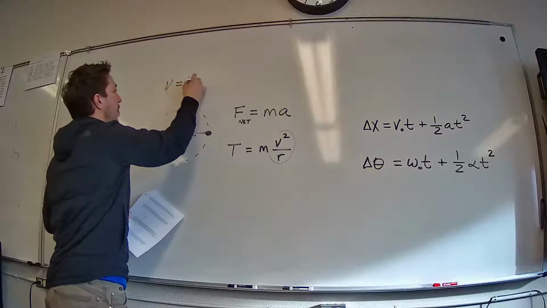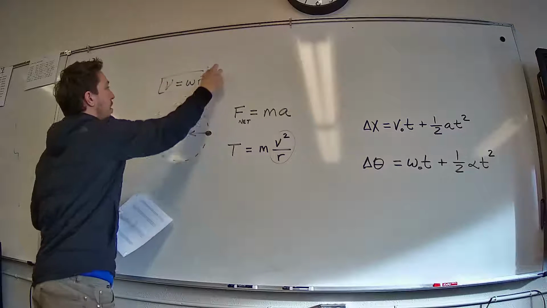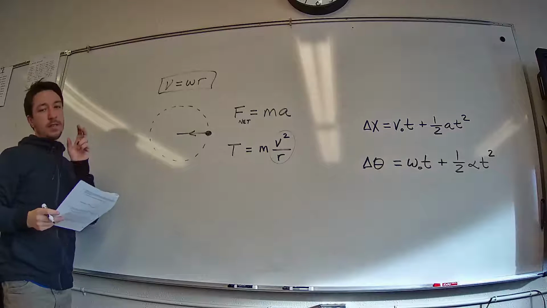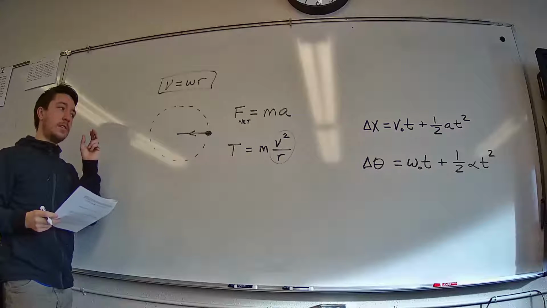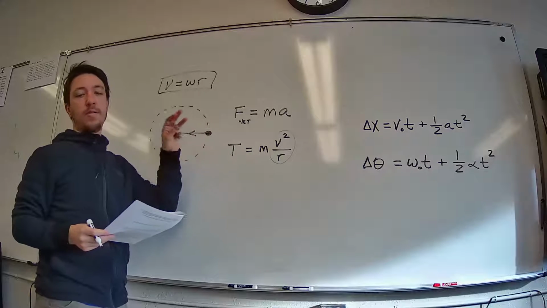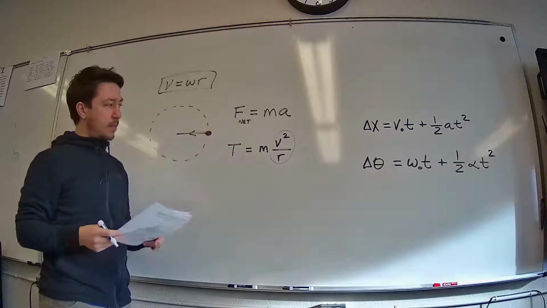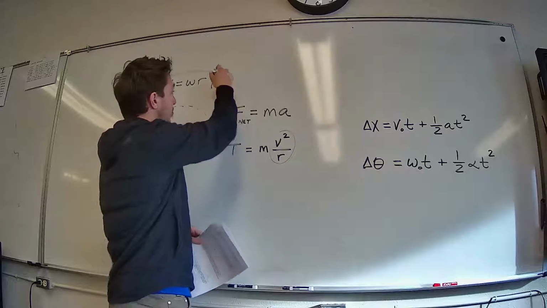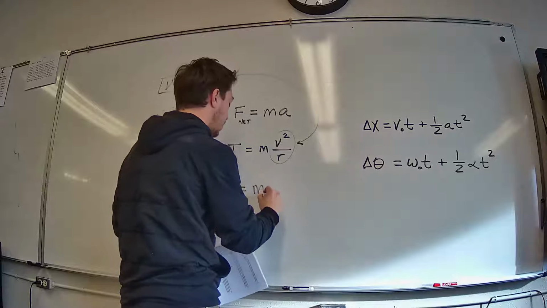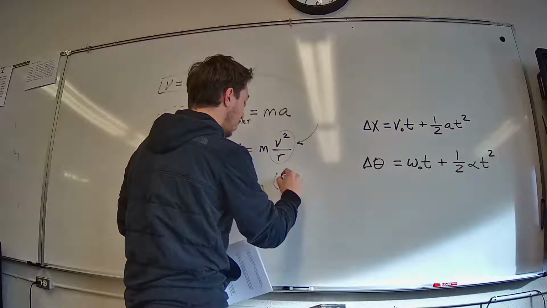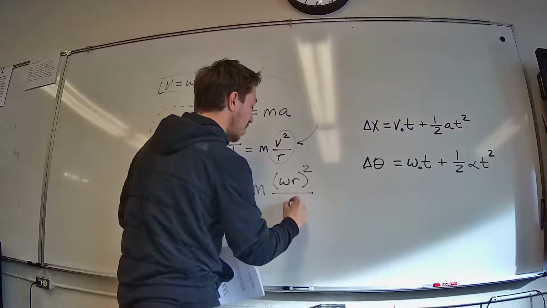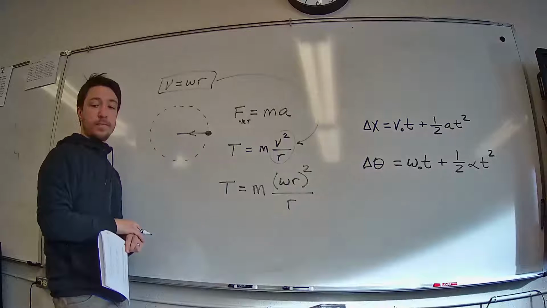I've been saying it a lot, this is a really valuable formula because it's going to allow us in a lot of different cases to take something we know about physics and look at it in terms of omega or alpha instead. So I'm going to do that substitution. The tension is the mass times omega r squared, over r. Do we all understand that substitution?